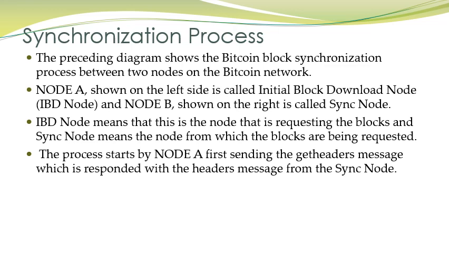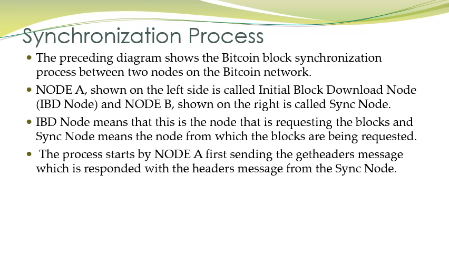So this node will try to get a copy of the blockchain, a copy of the ledger, from the peer nodes, because in the Bitcoin network, every node has a copy of the blockchain. So the initial block download node will try to get the copy of the ledger from the other nodes.